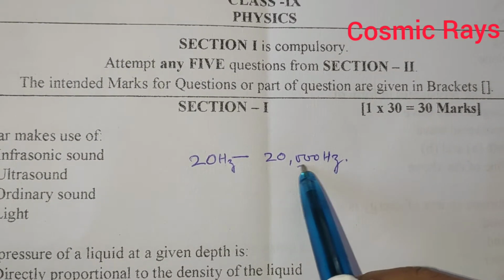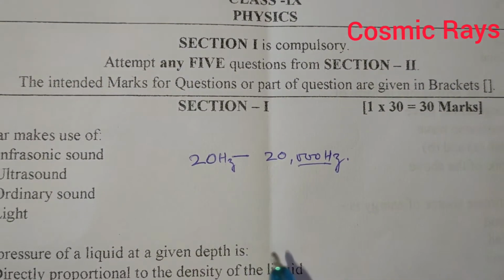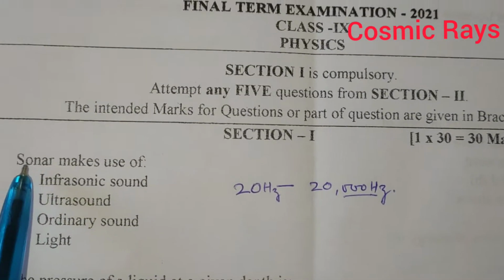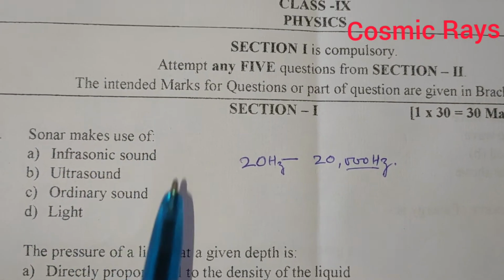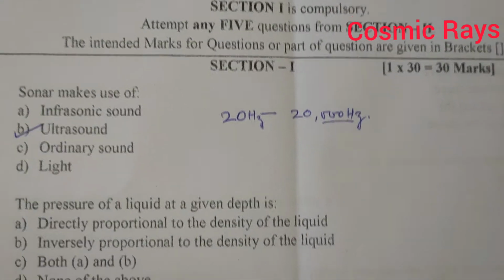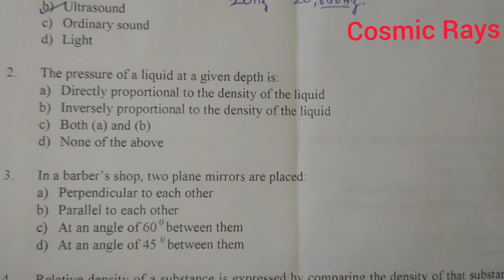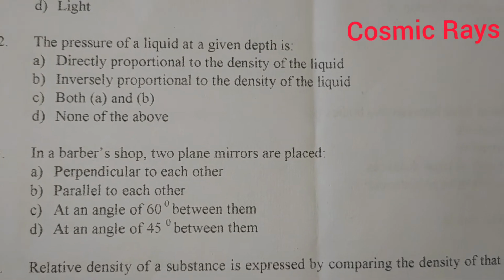The sound range above this is ultrasound and the sound range below 20 hertz is infrasound. So sonar, that is sound navigation and ranging, makes use of ultrasound.